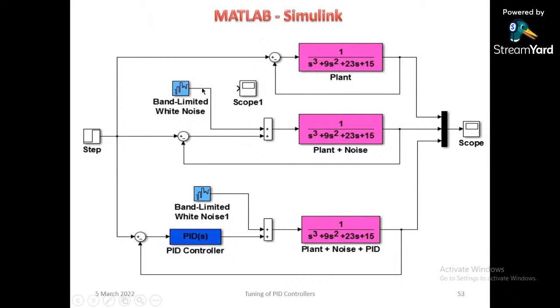I introduced a band limited white noise, okay. First plant without noise, everything going smooth. Second plant plus noise, and last one plant plus noise plus PID. So reject that white noise. Correct? I will show it to you. See how it rejects it.